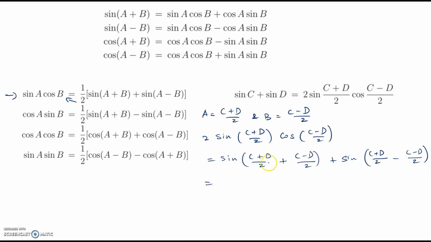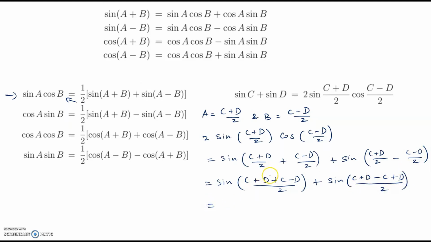Simplifying this, this becomes sin of C plus D plus C minus D divided by 2, plus sin of C plus D minus C, minus into minus plus D, divided by 2.